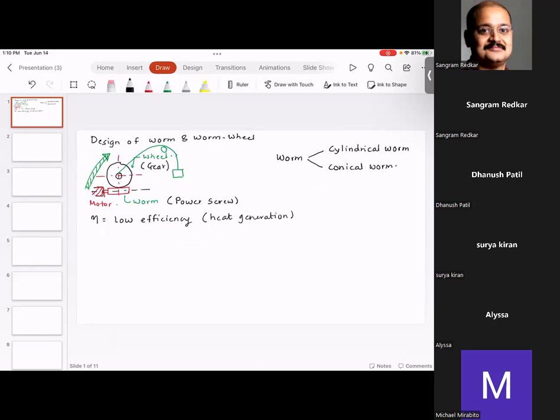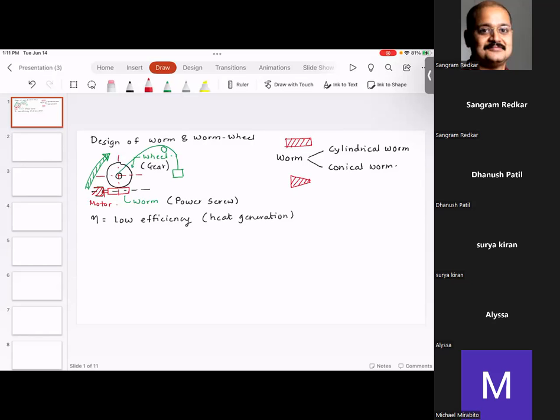As you can think about it, the cylindrical worm is like a screw that is cut on a cylinder. And the conical worm is like you have a cone and you're cutting threads on the cone.